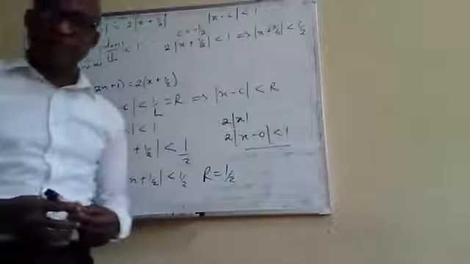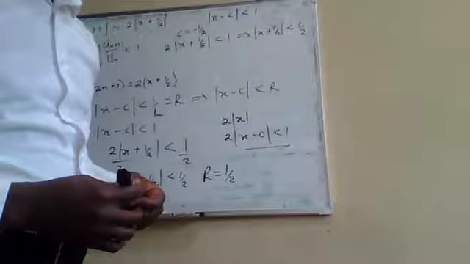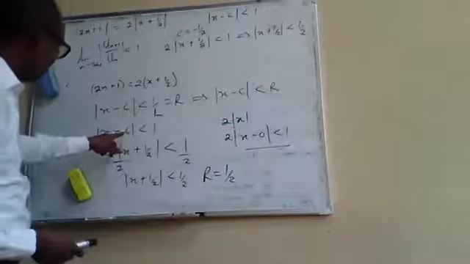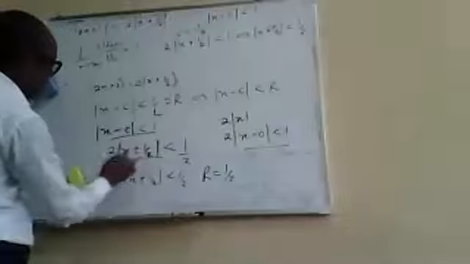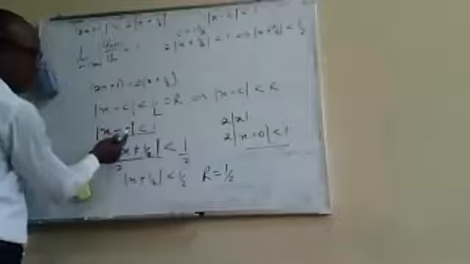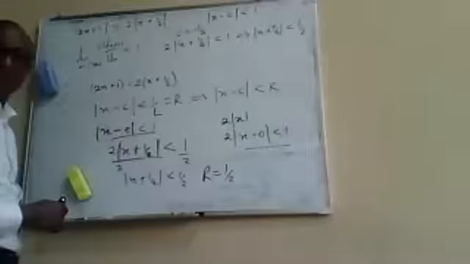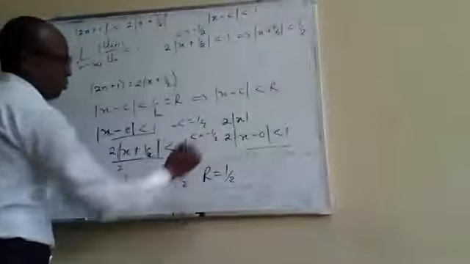Why is the center minus 1 over 2? Look at what I have here and look at what is here, just the one inside the absolute value bars. If you compare, this is minus c, this is plus. So minus c is equal to 1 over 2, which means c is equal to minus 1 over 2.